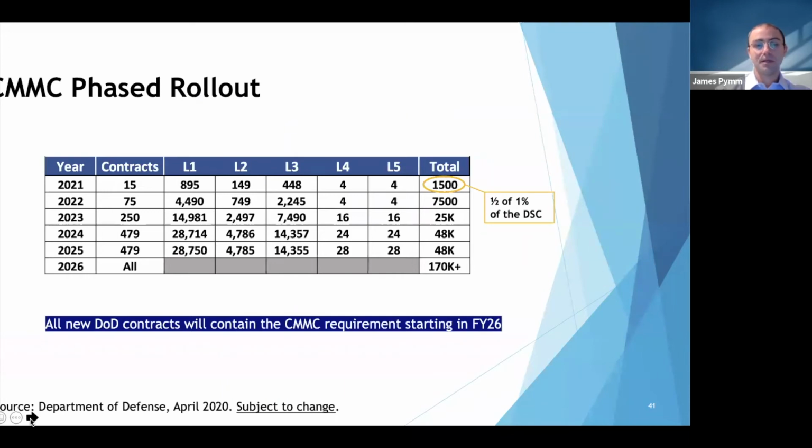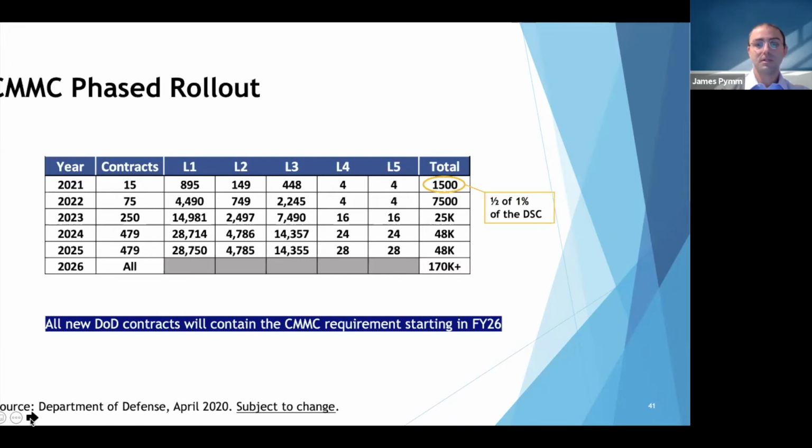And as you can see, each year it's progressively building. But one thing to note is level 1 and level 3 are where they anticipate most vendors will need to be. So, to sum this all up, it is expected that the CMMC will impact the estimated 300 plus DoD contracts that make up the defense industrial base.